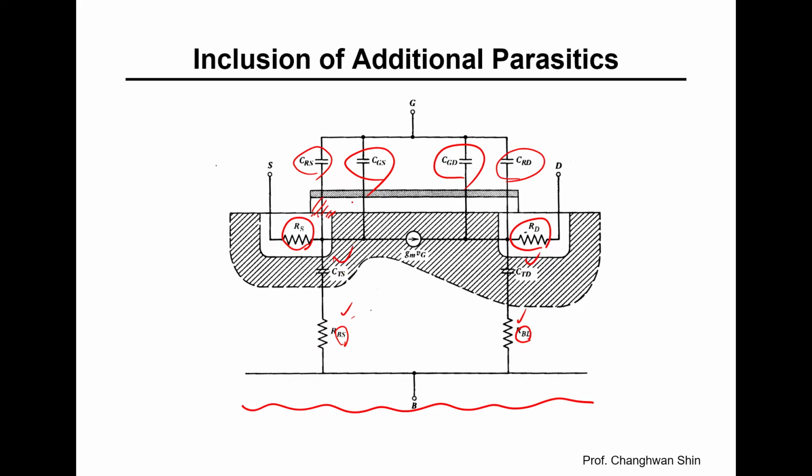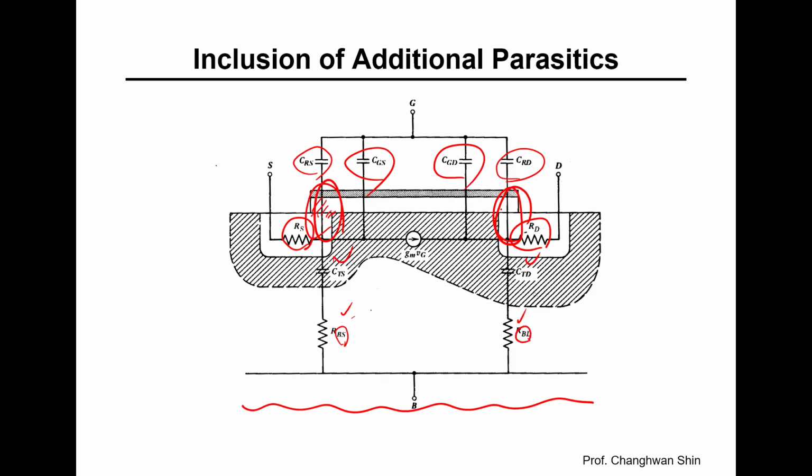So these parasitic elements arise from the physical structure of these MOS devices. For example, the gate overlaps slightly with the source and drain regions, creating overlap capacitance, which is definitely parasitic.